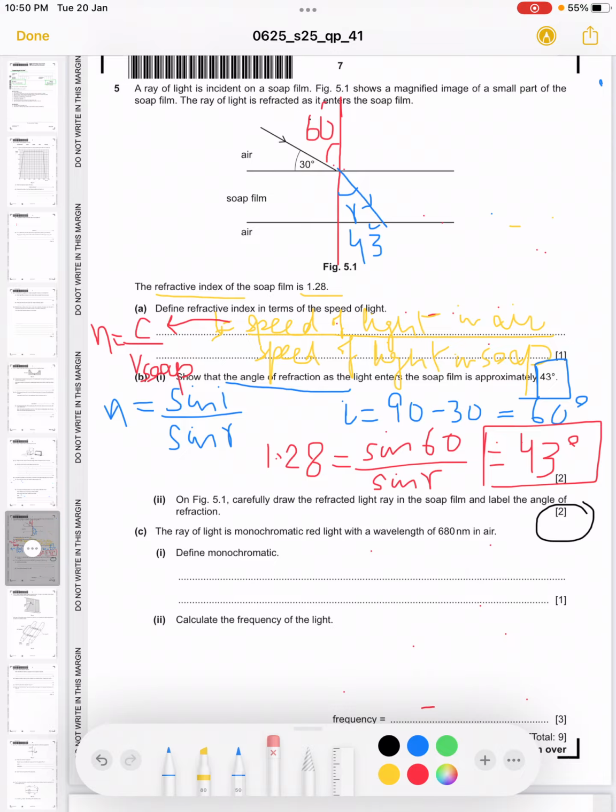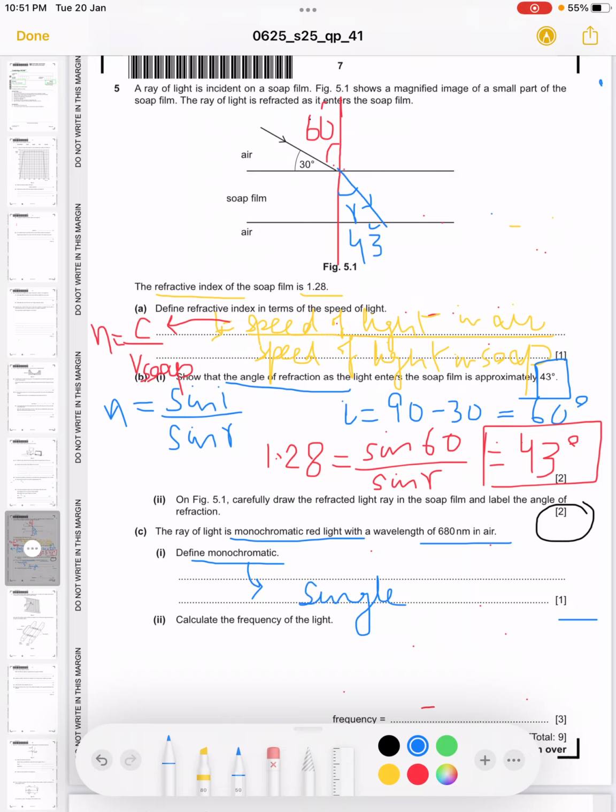The ray of light is monochromatic red light, right, with the wavelength 680 nanometers in air. Okay, define monochromatic. What is monochromatic? It contains 1 mark, so how will we explain it? Just a single key word, and that is: monochromatic light is light which has a single frequency.